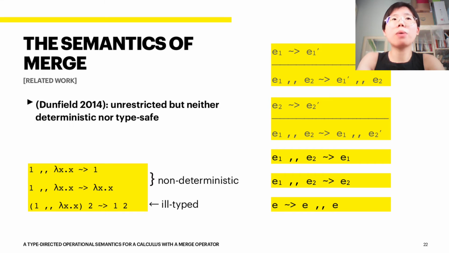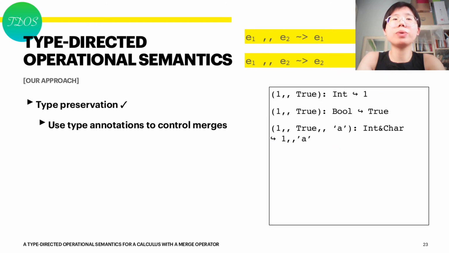So, how are we going to control the merges? In our system, firstly, we address the type preservation issue with the help of type annotations. With proper type annotation, a merge can drop any of its components and even rearrange them, achieving a similar effect to Dunfield's rules.